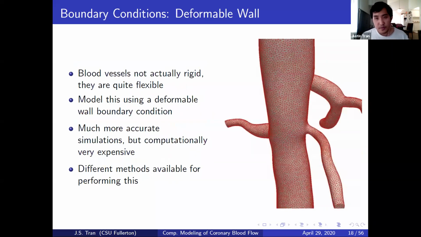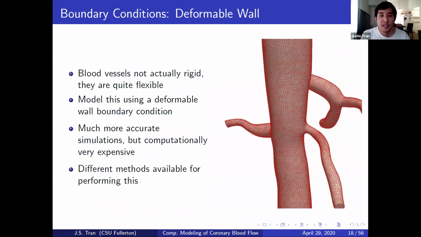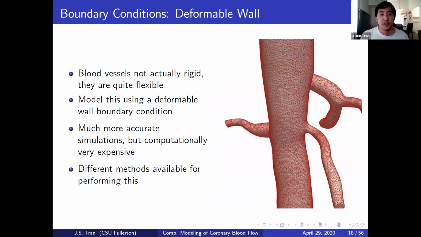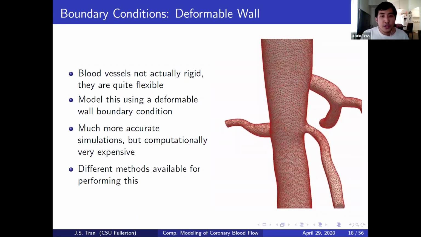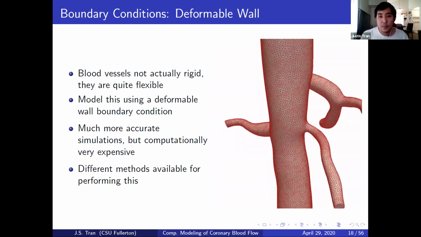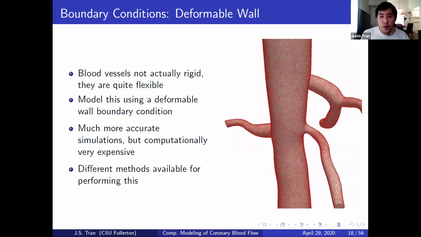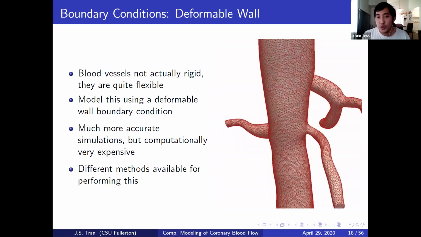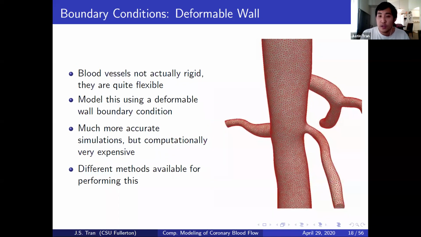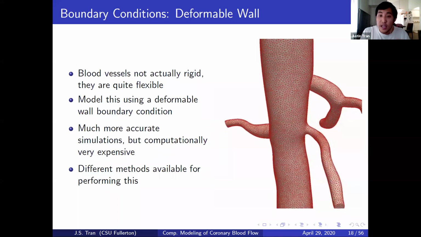Okay. But what's more accurate is if you run a deformable wall simulation. In these kinds of simulations, you basically assume that your walls can be flexible. The way that you actually solve these problems is that you include the equations for solid mechanics in your vessel wall.